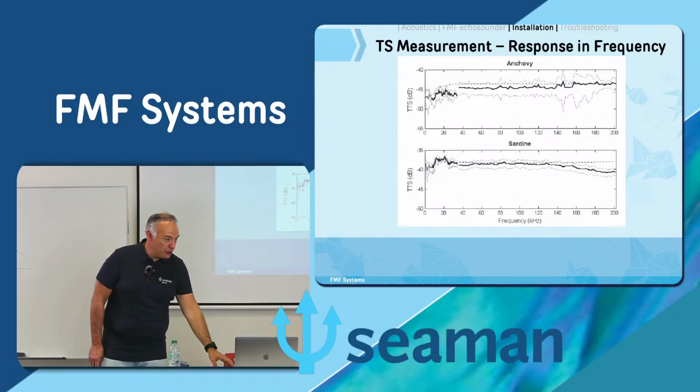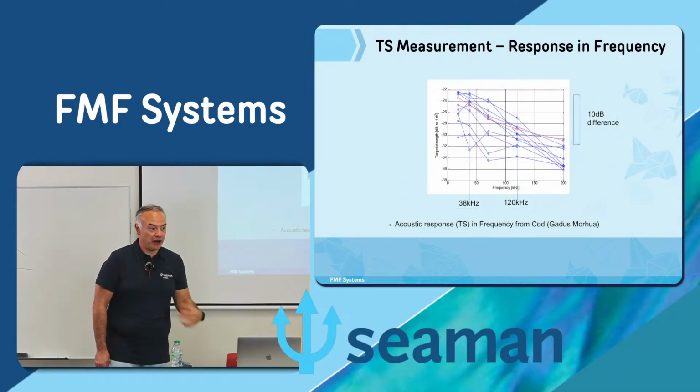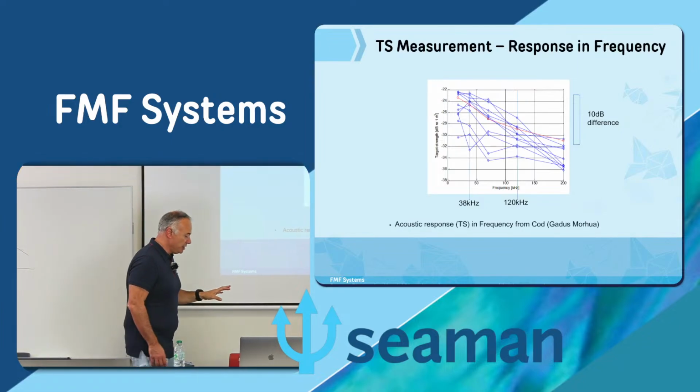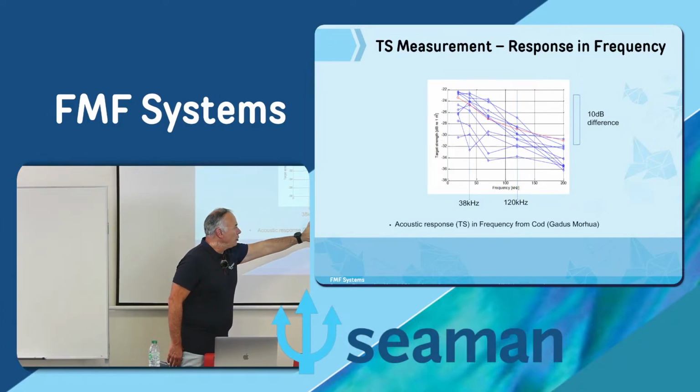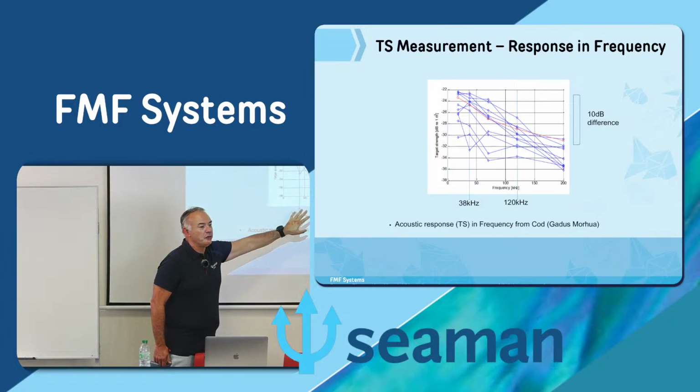Instead, if you use it to measure cod, perhaps, then you will have to compensate for this difference, but it's not possible to compensate for the difference all the time.